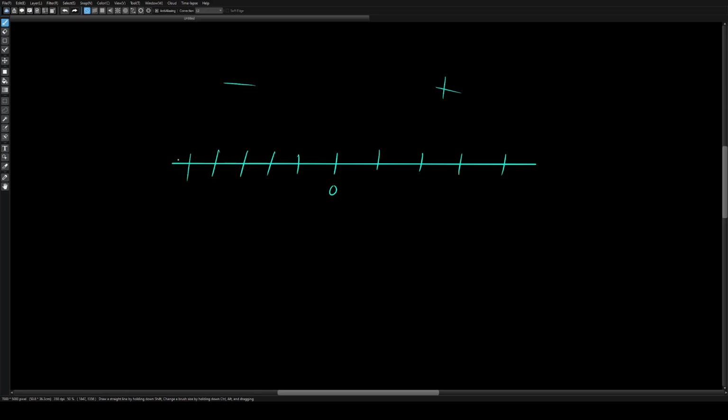The one thing to know is that each point on the number line corresponds to exactly one real number. And this would be considered a one-to-one correspondence. So this would be a real number line.